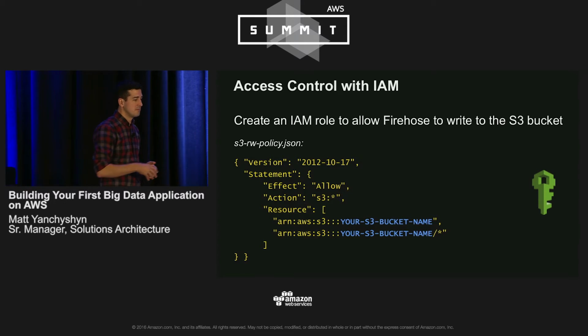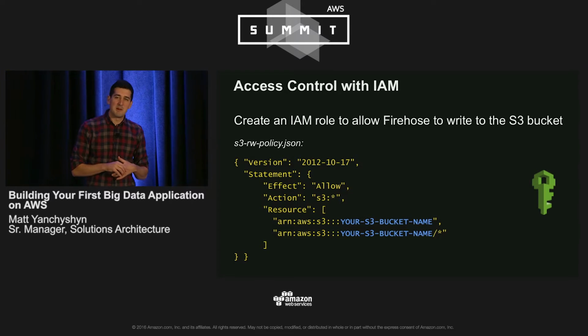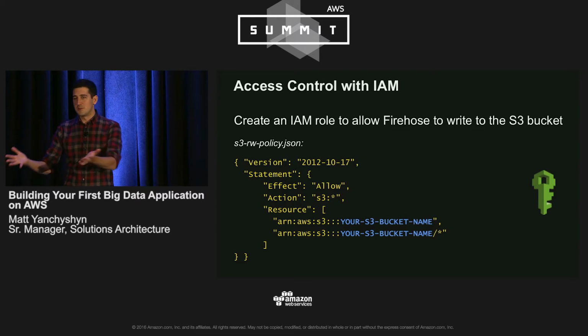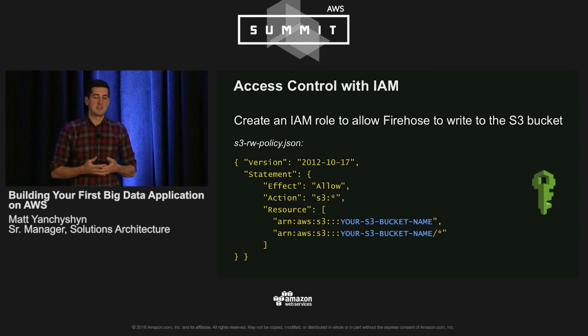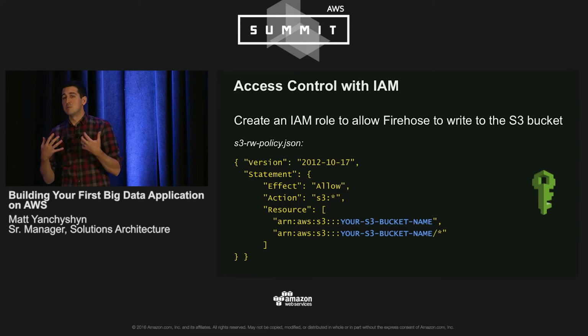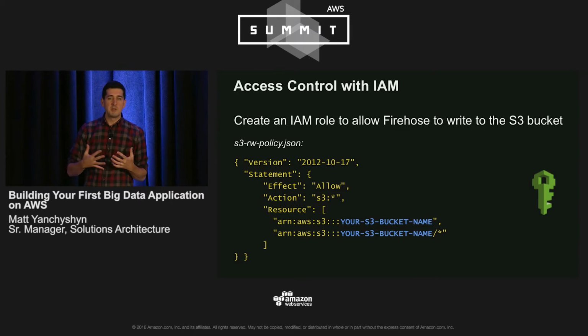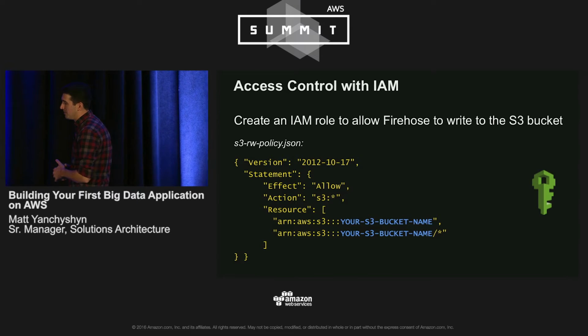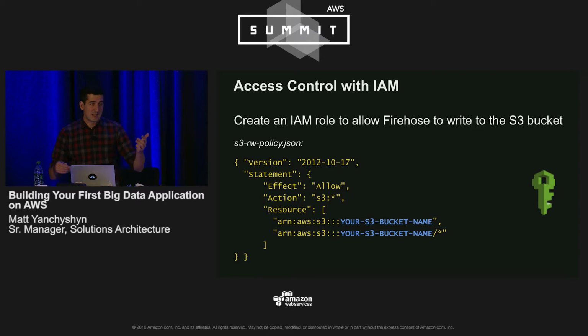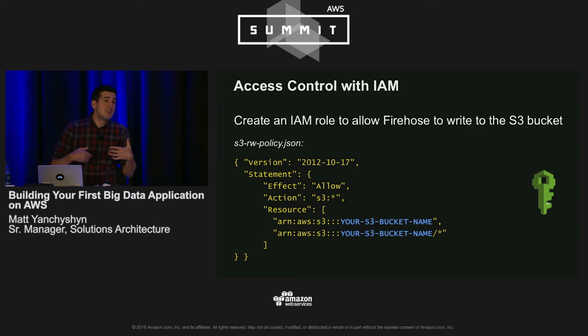If this looks like JSON, it is. That's an IAM policy for an IAM role. And a role, whether it's for EC2 or for Firehose, is just a set of permissions that a service or an instance assumes. So in this case, Firehose is assuming permission to write to S3. This is only something you have to do once. You can give it access to all S3 buckets if you're testing within your account.